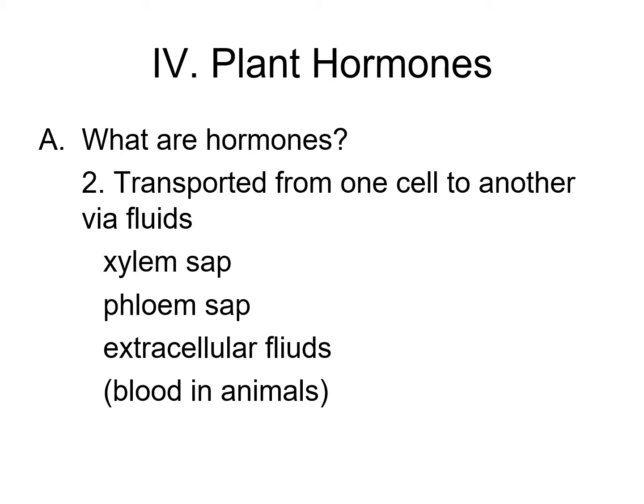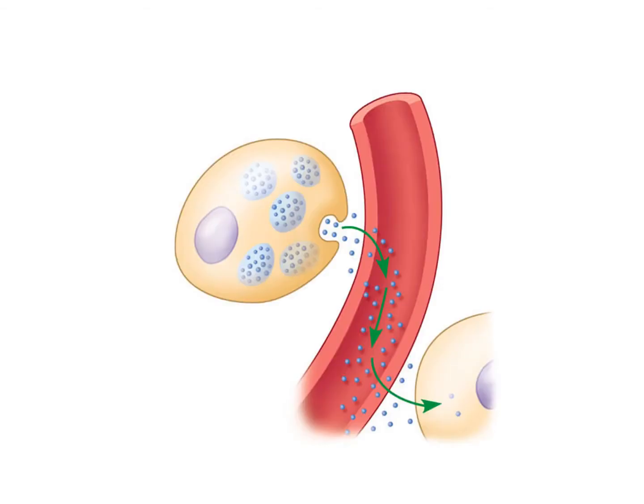In animals, we have a very specific definition of hormones. Hormones are chemical messengers that travel through the bloodstream, right? So hormones are chemical messengers that are made by one cell, and they move to other cells by way of fluids. So again, the general things I say about hormones apply to both plants and animals.